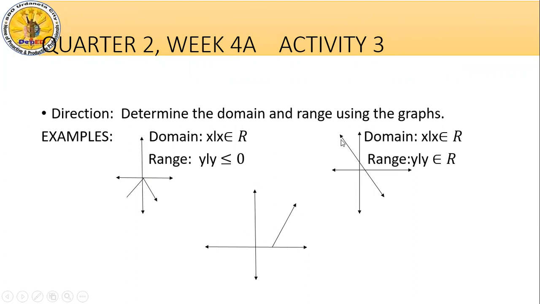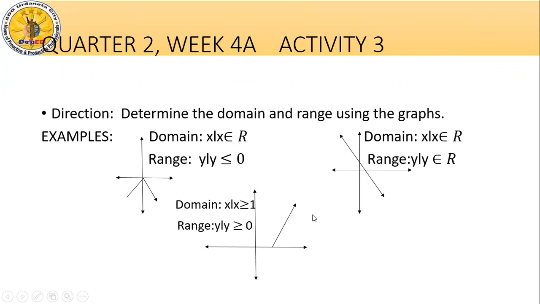On the second graph, y such that y is an element of real numbers. Again, it passes through all the quadrants, or negative, 0, and positive.